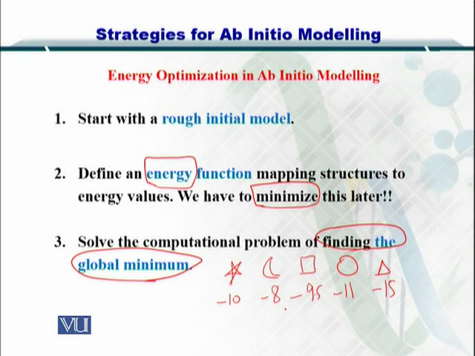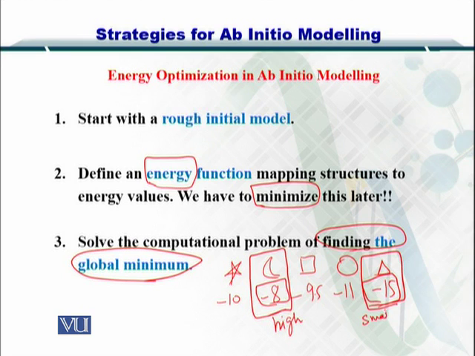As you can see here, this structure has -8, which is high, while this structure has -15, which is the smallest. So this is the structure that has the lowest energy. So you select this structure and then check for its biological plausibility.